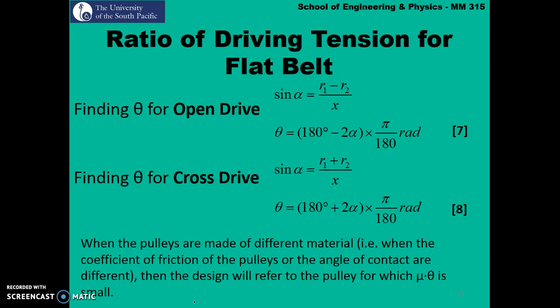We'll use that combination. It's not that you'll use mu 1 and theta 2. No, you'll use mu 1 theta 1 if the product is lower than mu 2 theta 2. For whichever pulley the product is less, we'll use that mu and that theta.